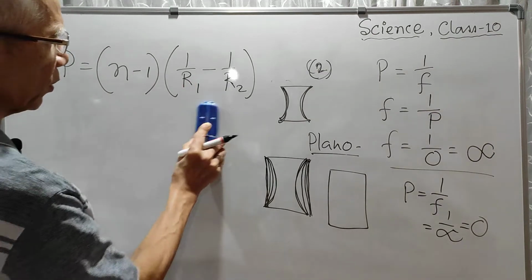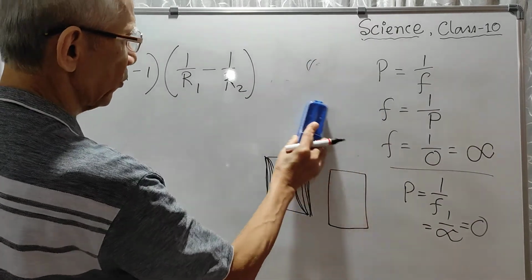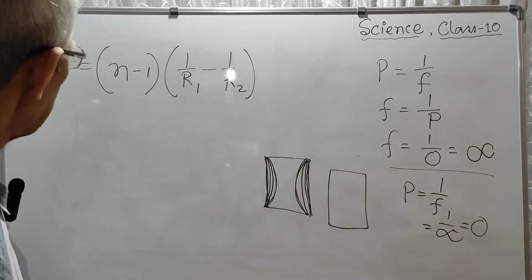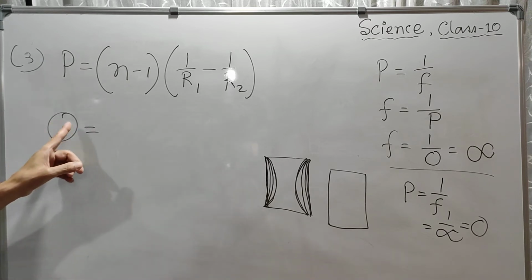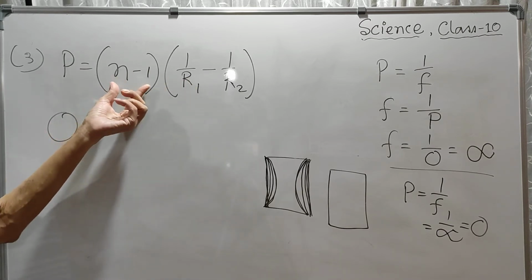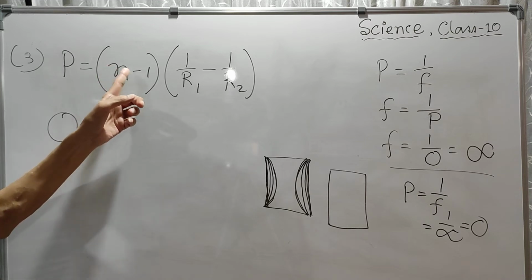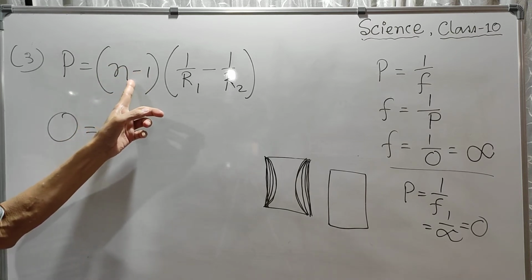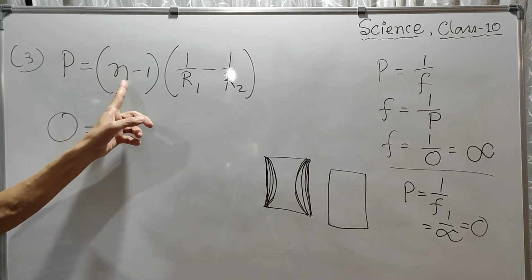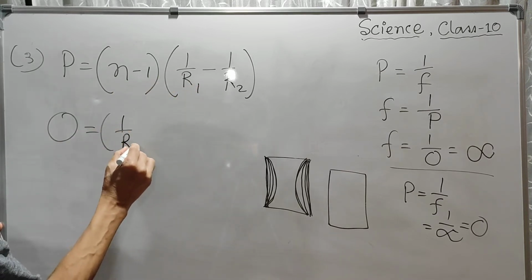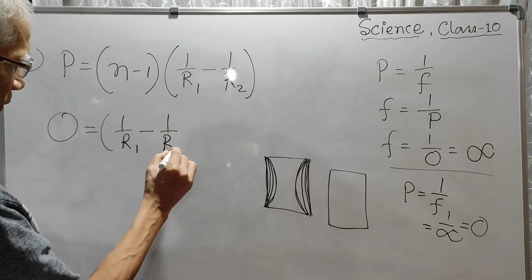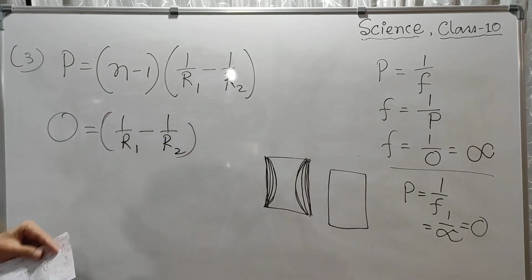Now, if we want to have 0 power, see, power 0. Now 0 is a product of these two factors. Now this cannot be 0. Refractive index minus 1 can never be 0, whatever be the material. Since this is not 0, this part will be 0. That means 1 by R1 minus 1 by R2 is 0.